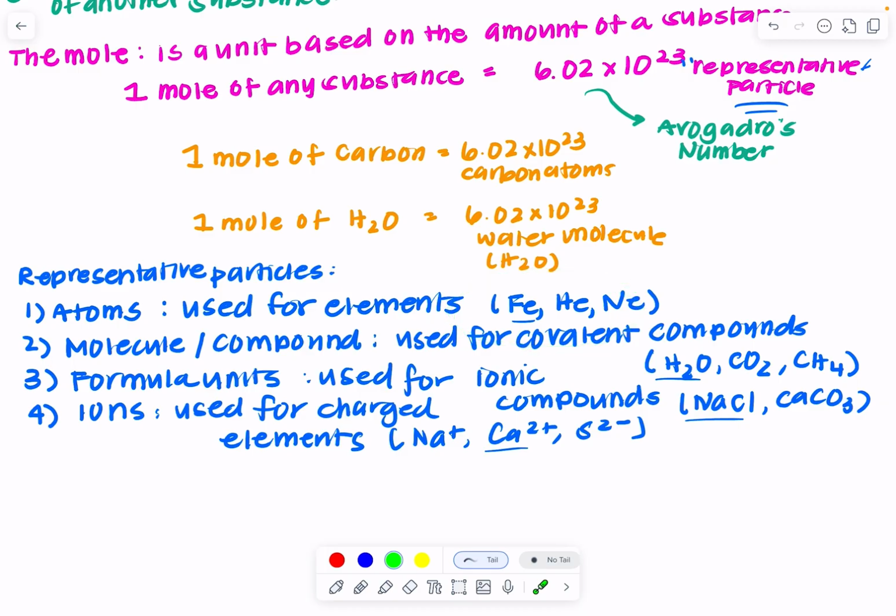If we're talking about elements, we use atoms. If we talk about molecules, we're using molecules. If we're talking about ionic compounds, we're using formula units. It's pretty simple, but it can get very, very complex very easily.